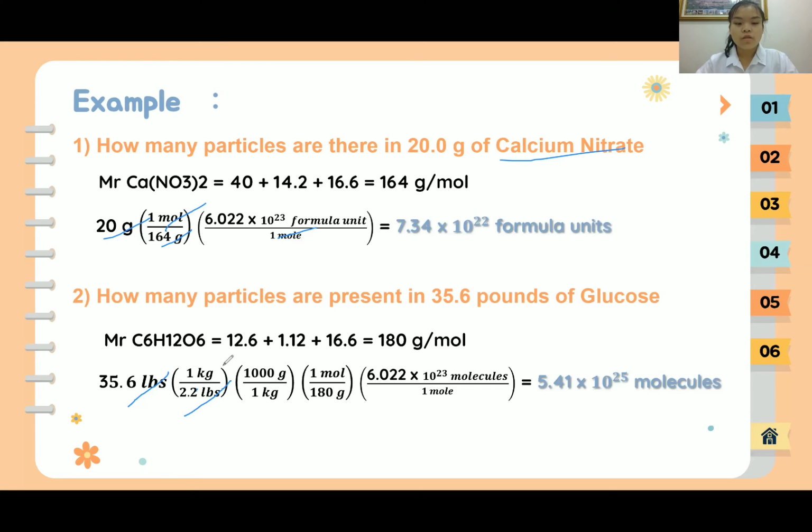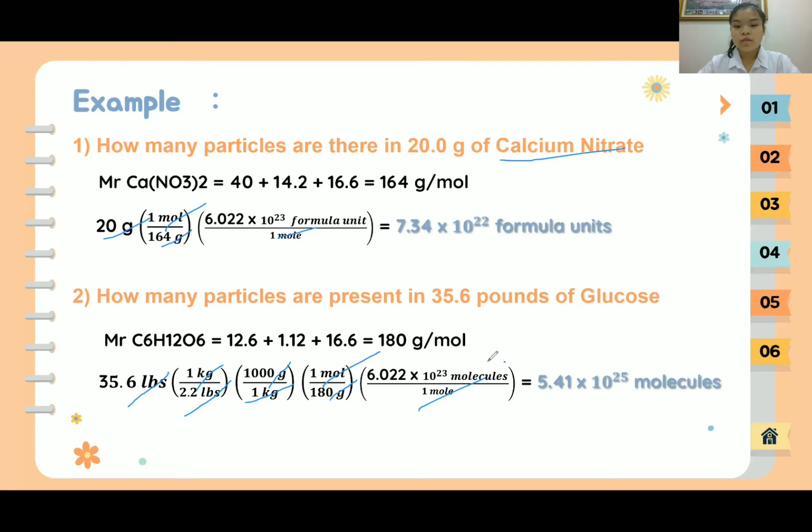So eliminate the kilogram, and it leaves gram. Because we need to change it to mole, insert the molar mass in here, which will eliminate the gram. After that, it finally leaves only mole. 1 mole is equal to 6.022 times 10 raised to 23 molecules in Avogadro number. So we just need to eliminate.